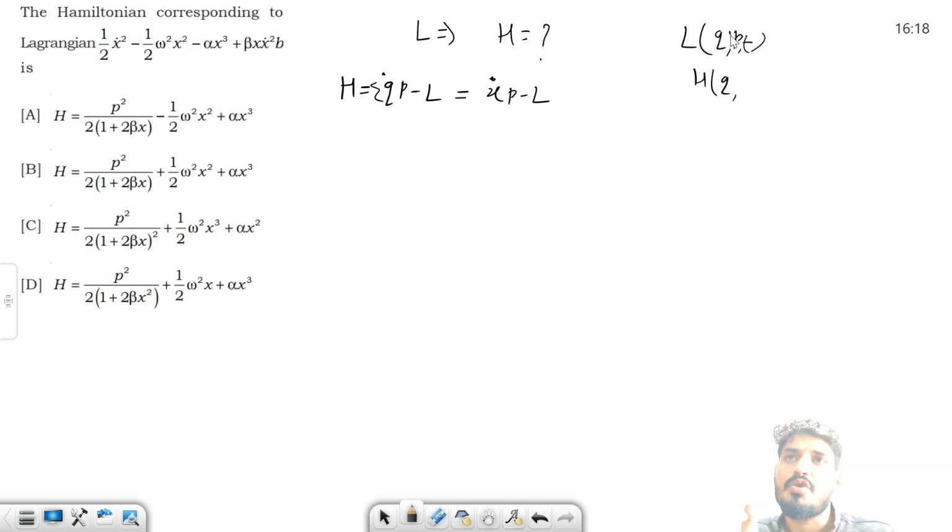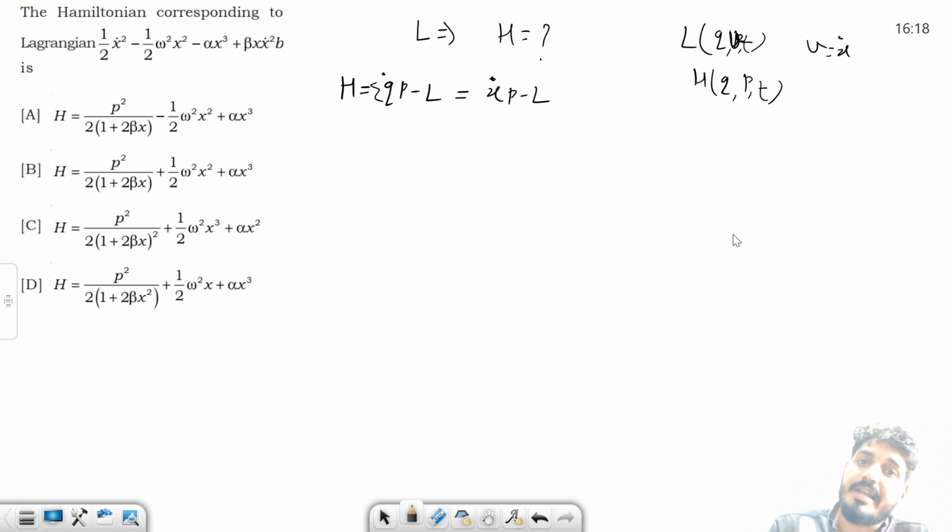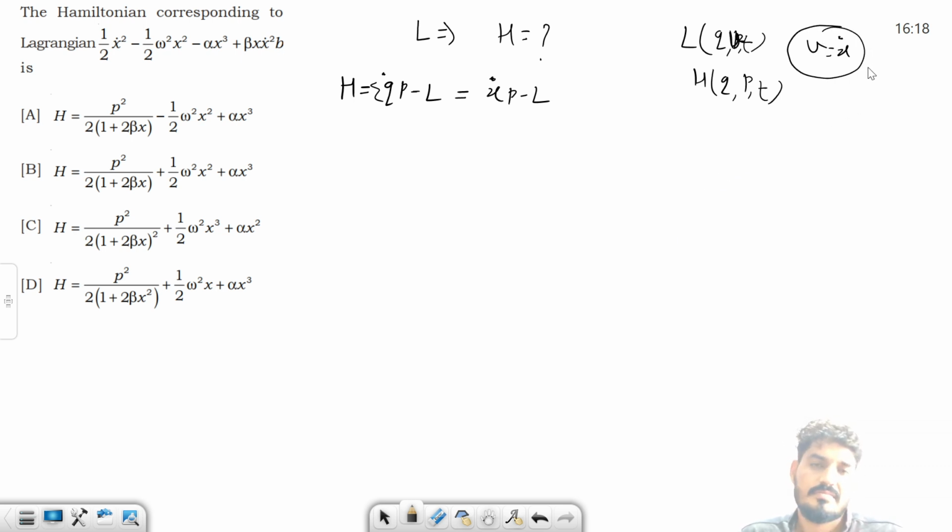That means this is velocity. v is nothing but x dot in our case. So if we want to convert a Lagrangian into the Hamiltonian, what we have to remove? We have to remove this x dot somehow. We have to convert this x dot into the p. How to do it? Let's suppose this is equation 1.